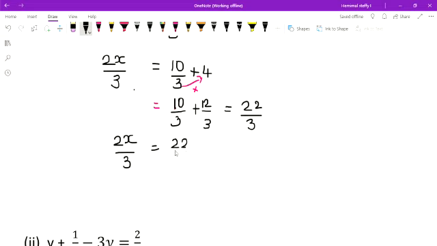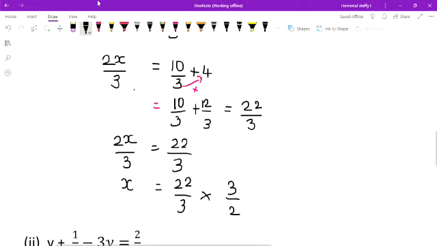I keep the variable only here. I take out only 2 by 3 to the opposite side. It is a fraction, so going to the opposite side it changes to its reciprocal. You already learned this in the previous class. What is the reciprocal of 2 by 3? Yes, 3 by 2.